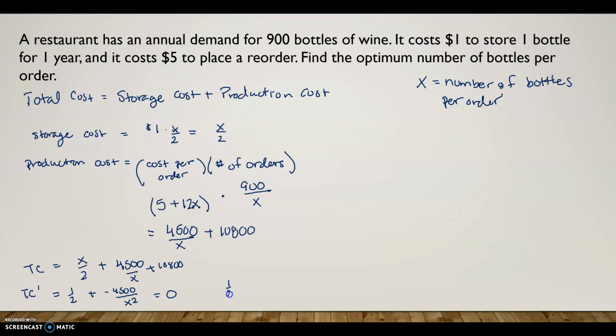Okay, so I would have 1/2 equals 4,500 over x squared by adding it to the other side. Okay, which would then give me x squared equals 9,000. And then we would take a square root of each side. And I got 94.87.